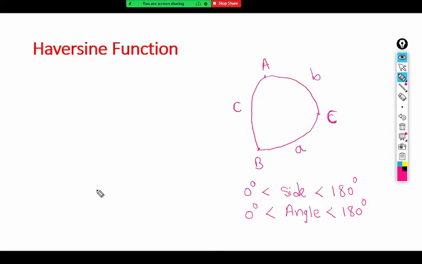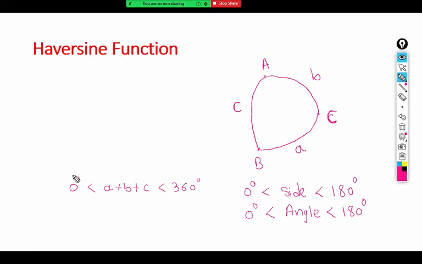But the other property you are telling me about is regarding small a plus b plus c. Small a plus b plus c is always less than 360. The sum of the sides of a spherical triangle is between 0 and 360. You can imagine the maximum spherical triangle as a great circle only. That great circle itself is a spherical triangle, and its perimeter is just 2 pi r.